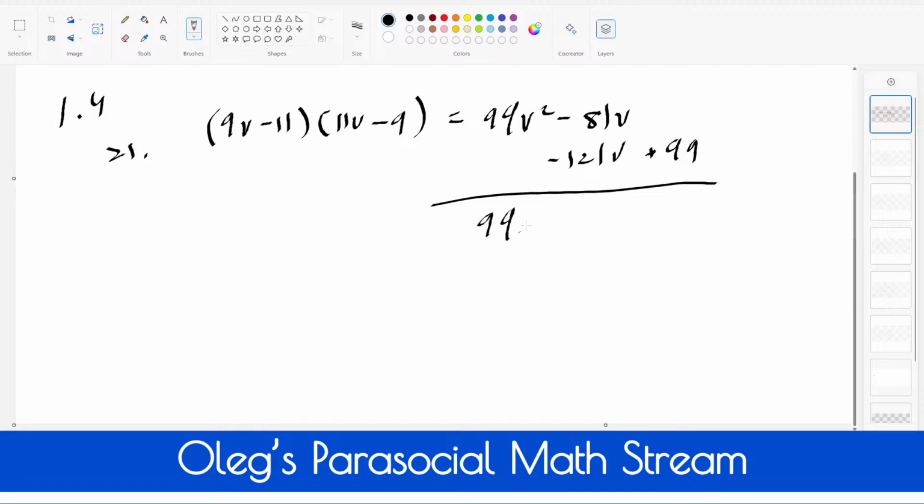So we have 99v squared, and then minus 81 plus 121. We're going to add these, so that's negative 202v plus 99. Yep, so far, so good.